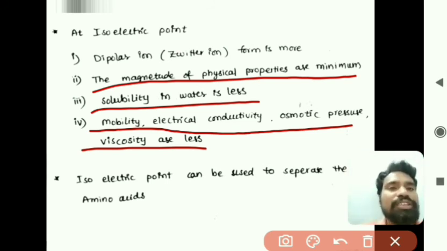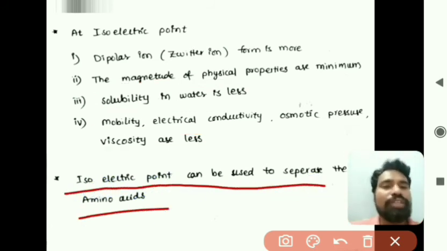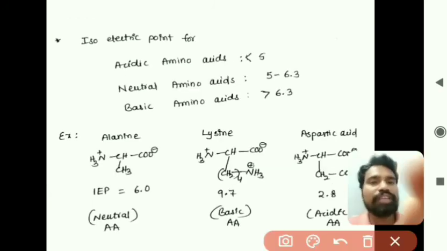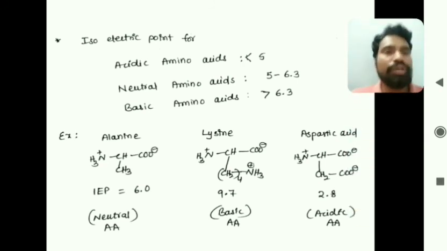So based on these properties, amino acids can be separated and we can identify the isoelectric point, right. So by using the isoelectric point, we can separate the amino acids. We will see one example for the separation of amino acids based on the isoelectric point.